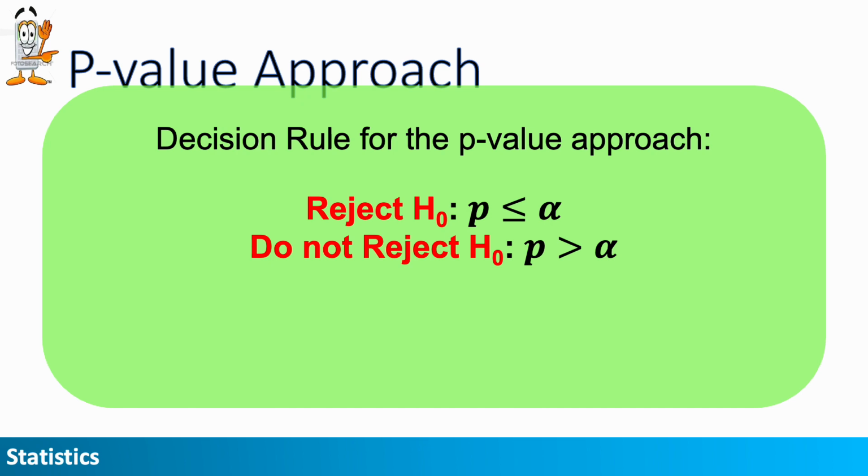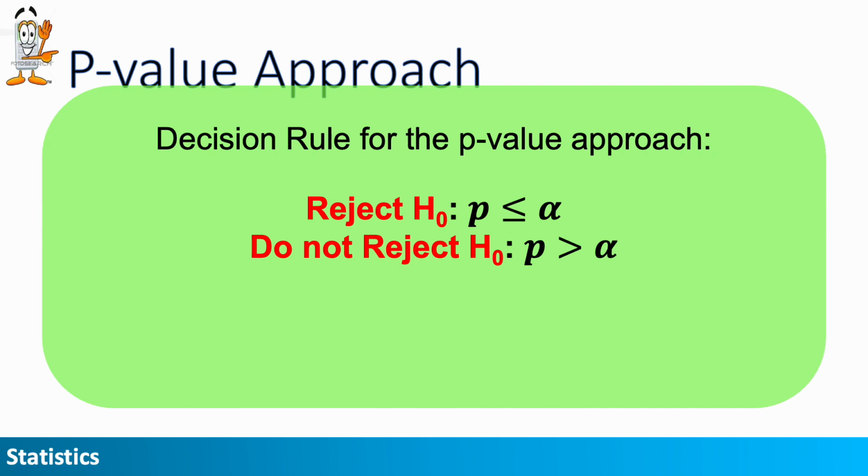Now the second step is computing for the statistic. The third step is determining the critical value, and the fourth step is to decide. And how do you decide? Using the p-value approach. The decision rule for the p-value is this: if your p-value is less than or equal to your alpha, to your level of significance, that means there is no way for you to accept the null hypothesis.